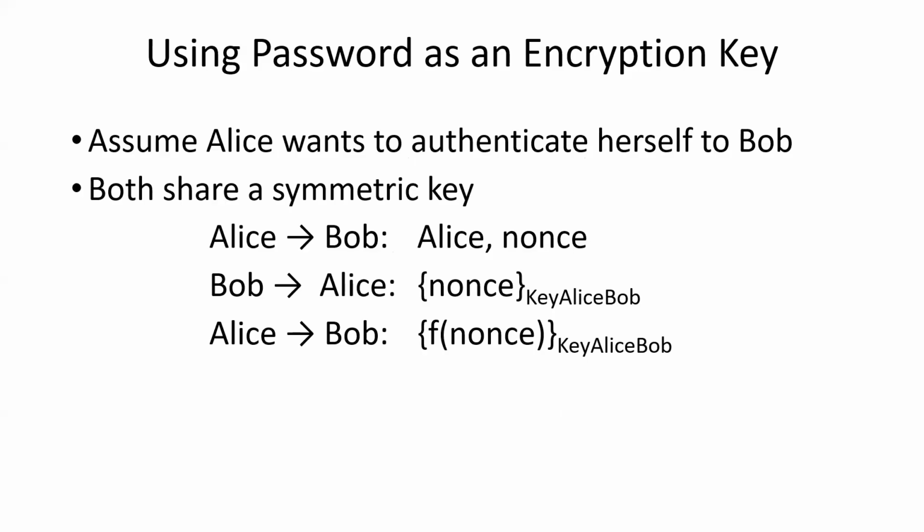And then Alice will send a function of that random number, say subtracted by one, encrypted with her key, back to Bob. And now Alice is ensured that this is Bob they're talking to because Bob could encrypt the random number. Any other number Alice wouldn't accept. And Bob knows this is Alice because she could decrypt the number that was sent and then do a function on it and send it again, encrypted with the proper key.